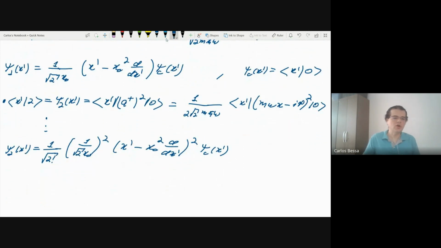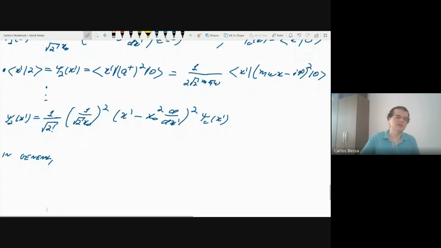And in general, for psi n, we will find that psi n is equal to 1 over pi to the 1/4, square root. I think I forgot a pi here somewhere.